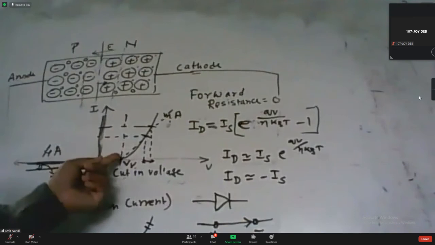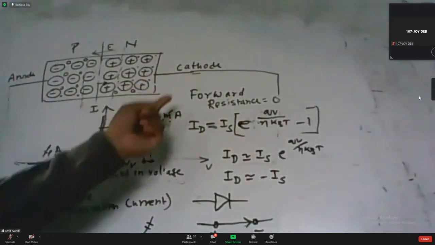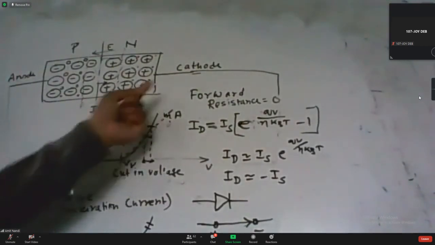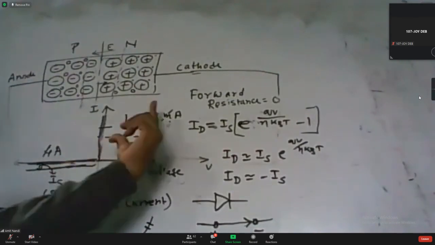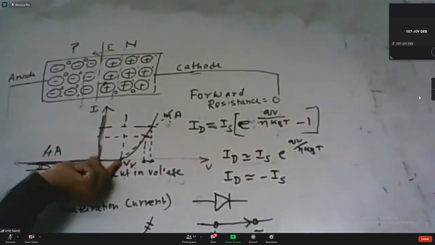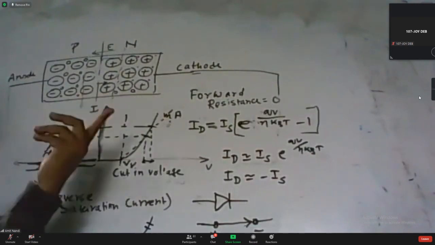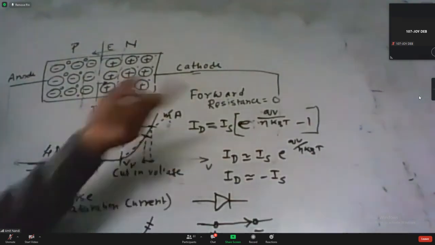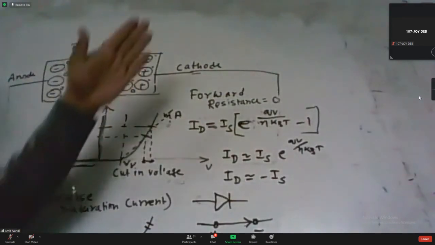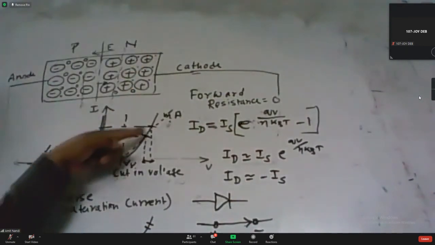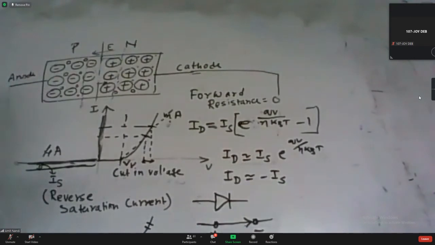After that, in this region the current changes linearly. So we can consider these are the pieces. That section has current 0. This section, the current changes like a resistor. When we apply voltage to a resistor, the current changes linearly. The same thing happens here. We are taking the approximation on the basis of this. That is called the piecewise linear approximation.